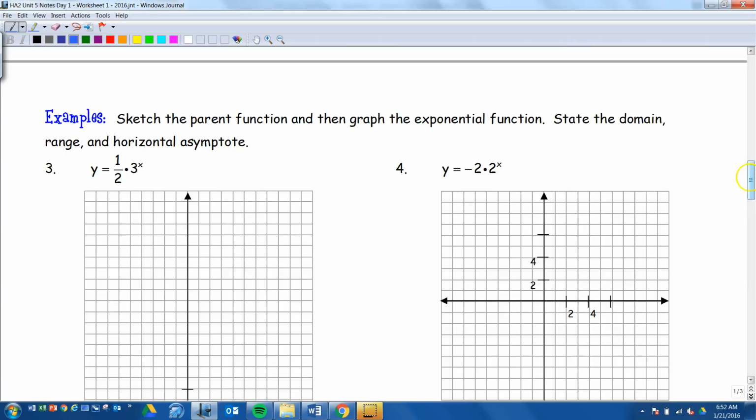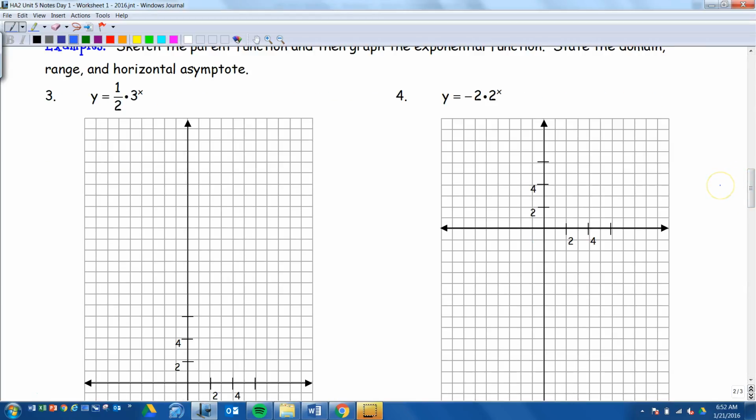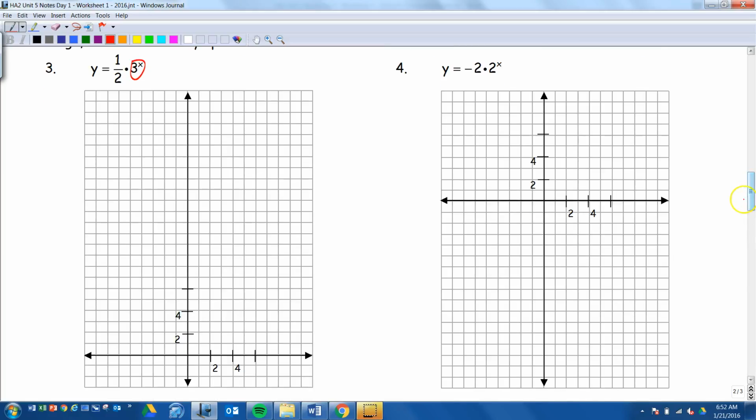So we're going to sketch these. Now you can use your calculators for these. I'm going to just do them without the calculator because I have them already done. So I'm going to sketch the parent and then the regular. So the parent is 3 to the x. So 3 to the x has the points. When you put 0 in, you're at 1. When you put negative 1 in, you're at 1/3, 1/9.